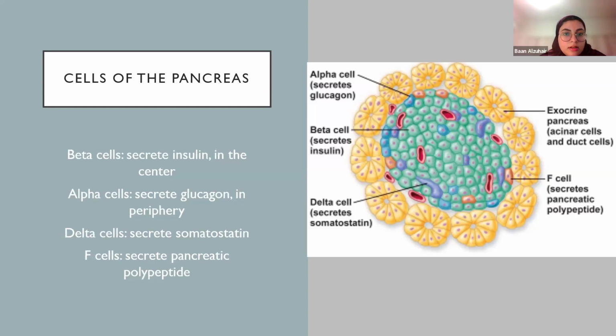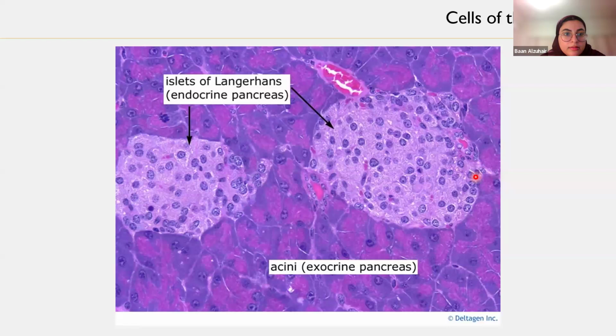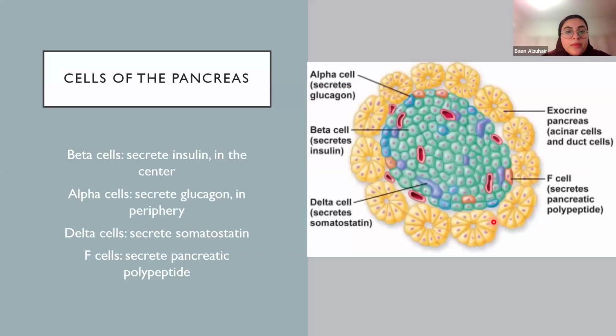This slide is very good at making you differentiate between the parenchyma, or the exocrine pancreas, and the endocrine pancreas. These really light, lightly stained areas are the islets of Langerhans, and we're going to differentiate between each type of cell inside them.